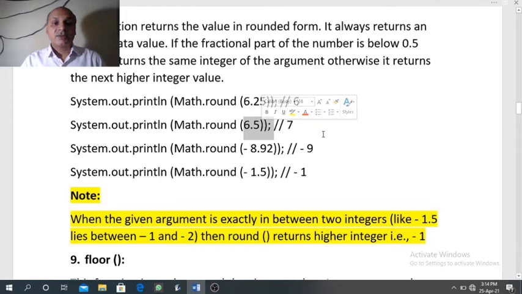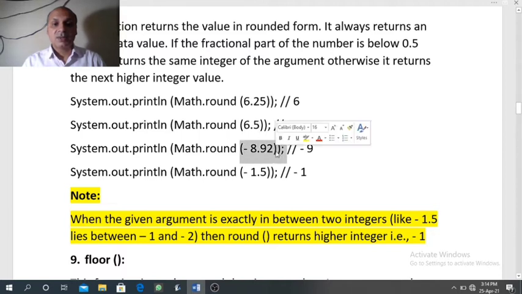In case the argument is exactly in between two integers, like here 6.5 is exactly between 6 and 7, then we will get the higher integer, so that is 7. Now minus 8.92 belongs between minus 8 and minus 9 on the integer number line.